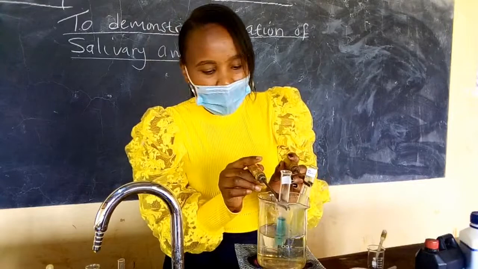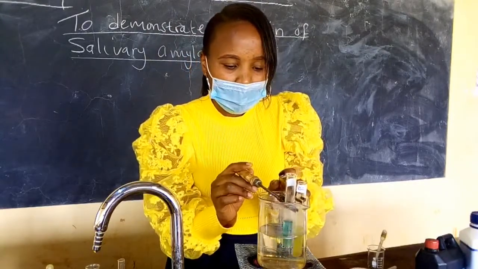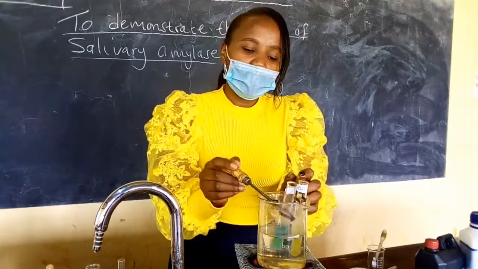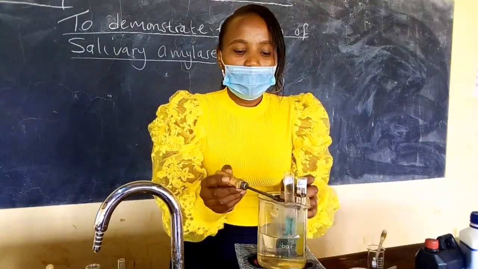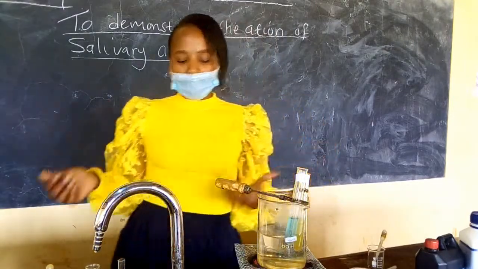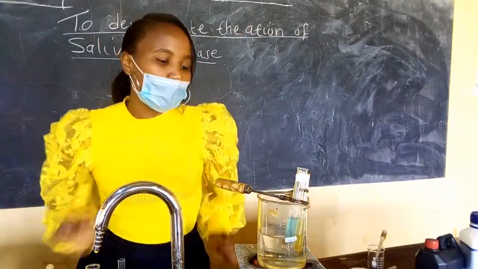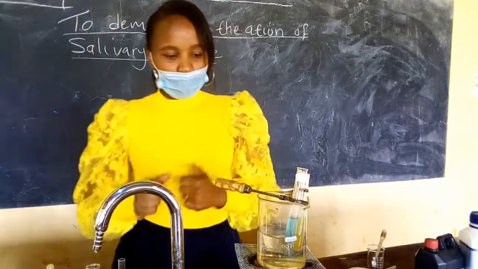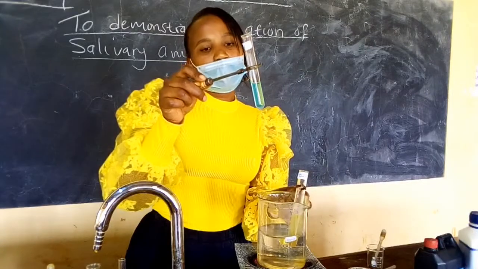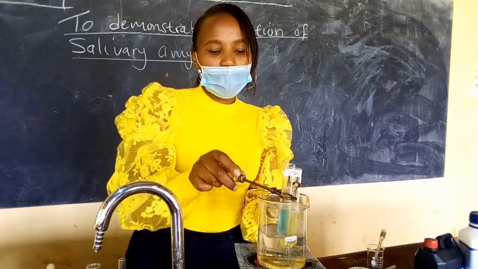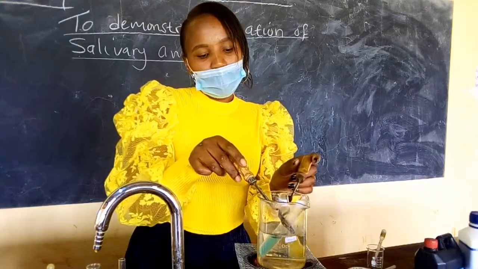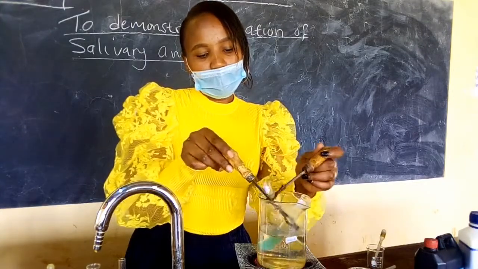Results are coming out very well. You can see the difference, but you have to be patient until 5 minutes are over. But keep observing the color changes. You can see the blue color of Benedict solution still remains.